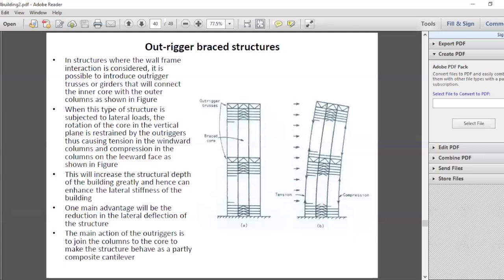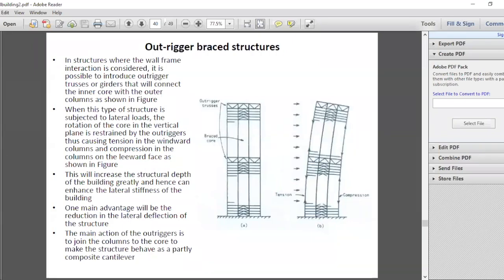So if you introduce one or two machine floors to accommodate all the other service requirements, then those machine floors can be converted to partition floors where you will be able to utilize these outriggers.